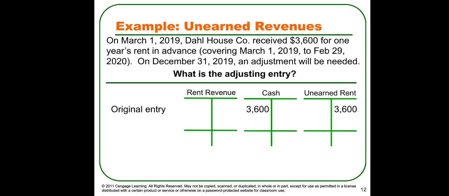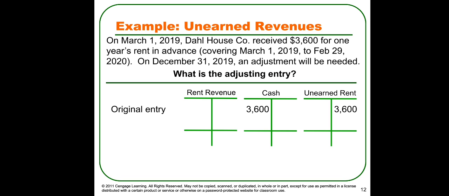When the business received cash on the 1st of March, the business has to debit account cash. Let's say this is your business. When your business receives cash, the asset cash increases, so you debit account cash. You can see here in this slide, debit account cash, and the second thing the business has to record is credit account unearned rent.